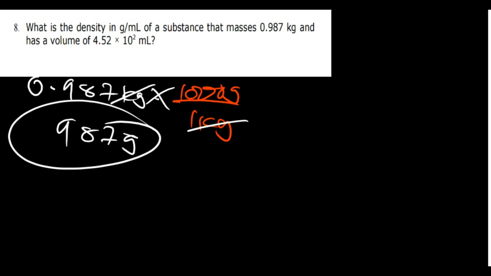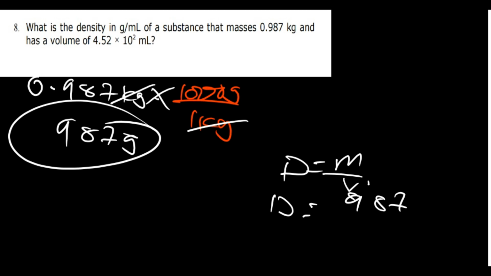So we know that density is equal to mass over volume. So our density will be equal to the mass, 987, divided by the volume. The volume is 4.52 times 10 raised to the power 2. Okay, so this is in grams and this is in mL. So now what will be our density?